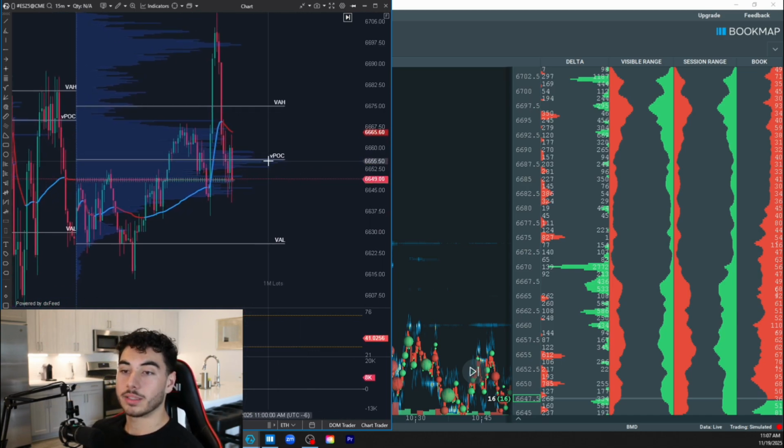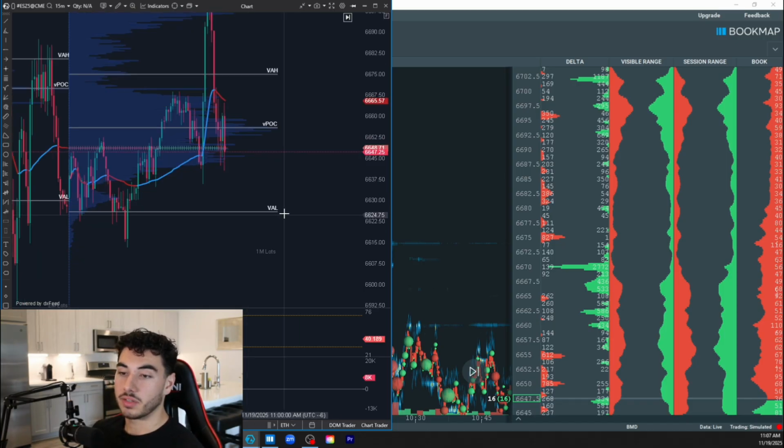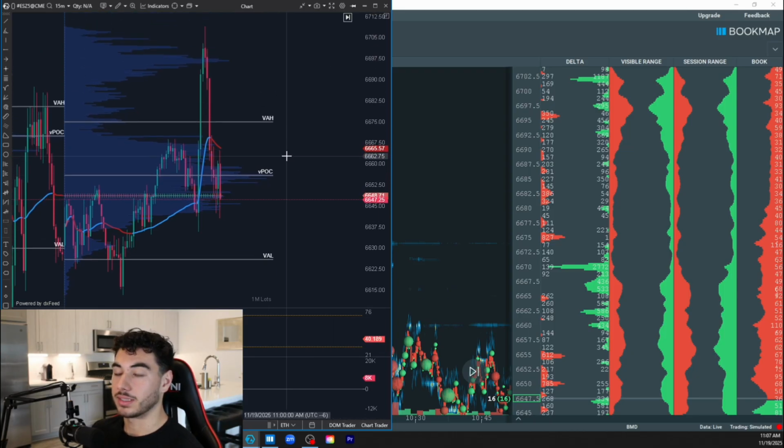This is where the highest volume was traded on the session, and this is also where buyers and sellers deem fair value. This is where buyers and sellers can both agree on a price. And this is the value area low and value area high. As I said in another video, this is the 70% range of value inside the session, so inside these two lines is where 70% of the volume was conducted.